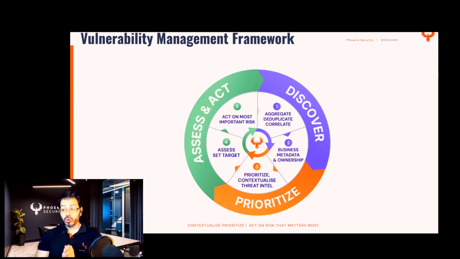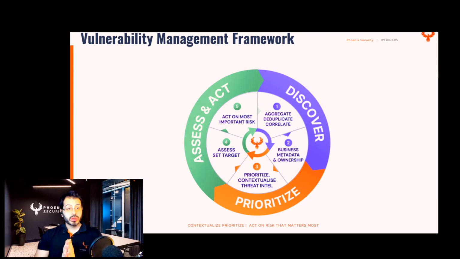But today we want to focus on part number 3, which is fundamentally the prioritization and the contextualization, that will follow in a more in-depth video because it's quite a rich aspect. Then the enrichment with threat intelligence will come after, together with the business area.